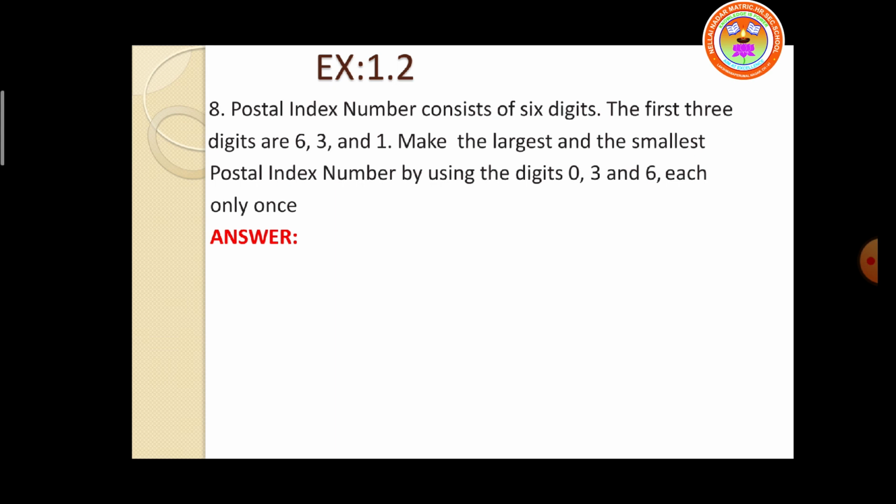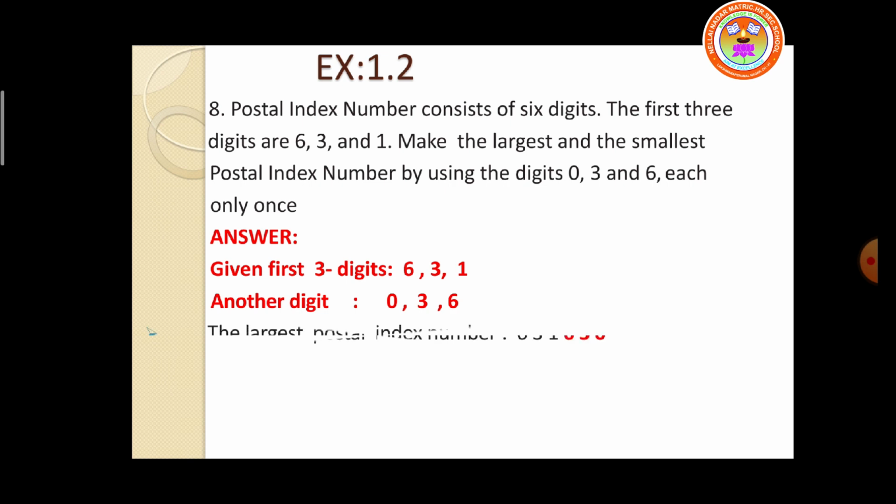Which means that you must use each digit only one time. Okay? First, the given 3 digits are 6, 3, 1. Then what are the other digits they have given? 0, 3, 6.